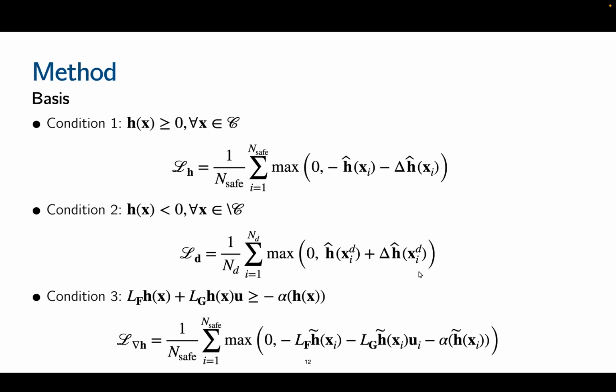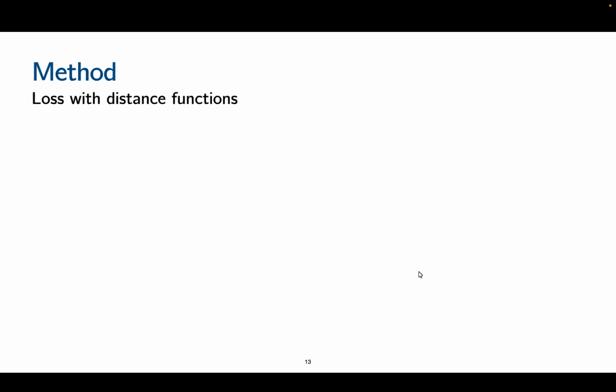Although these are the only conditions that a CBF should satisfy, we can add additional constraints to guide the learning process. To do that, we use what's called a distance function, dx, and these dx should be continuous and increase as it moves inside the safe set and decrease as it moves inside the unsafe set.